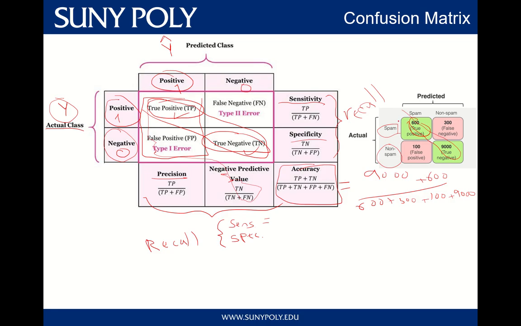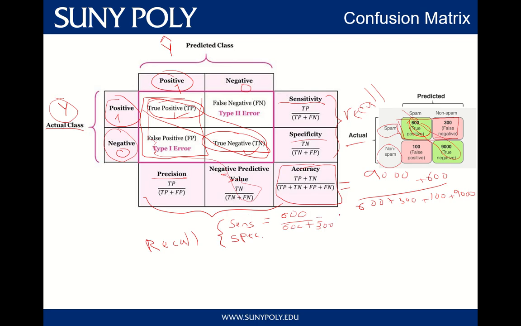I analyze the actual values. That's why I'm looking at the rows, because I have the actual values. So in our data set, there were 900 spam emails. Our model got 600 correct out of 900, out of 600 plus 300.